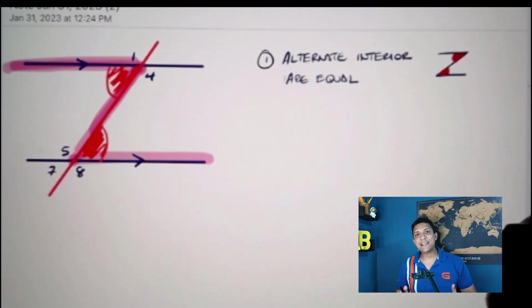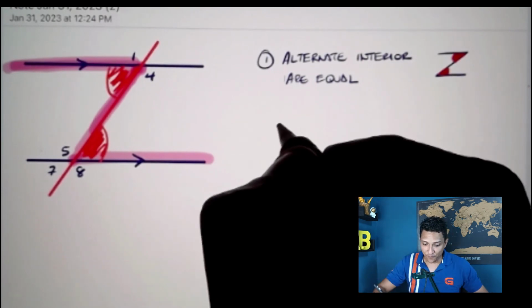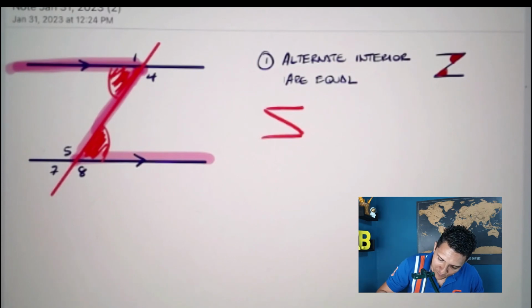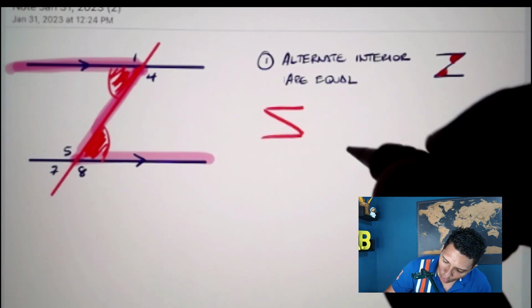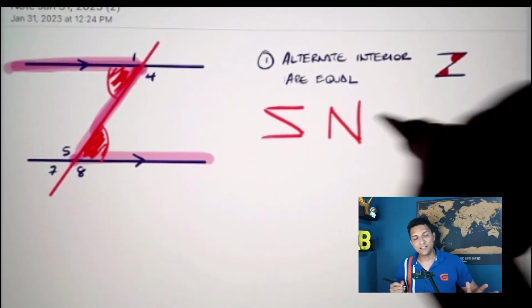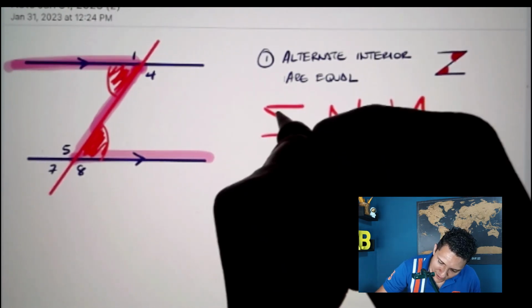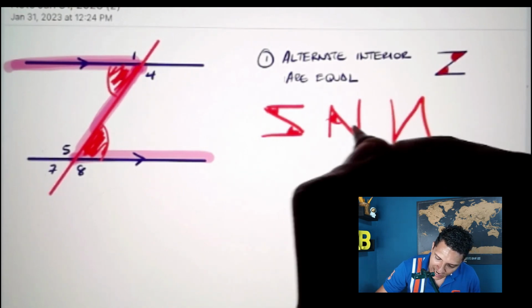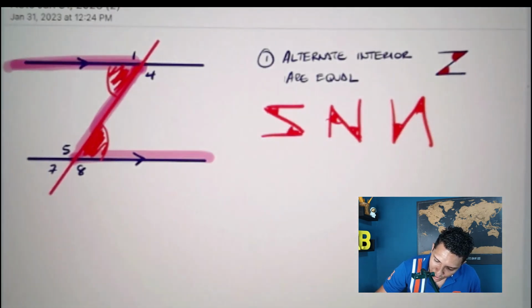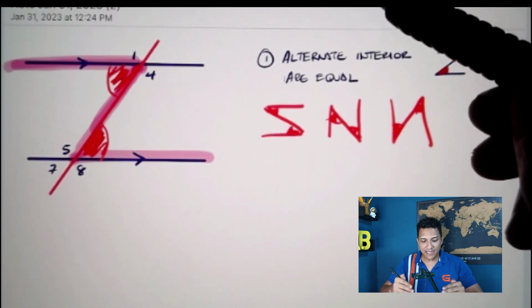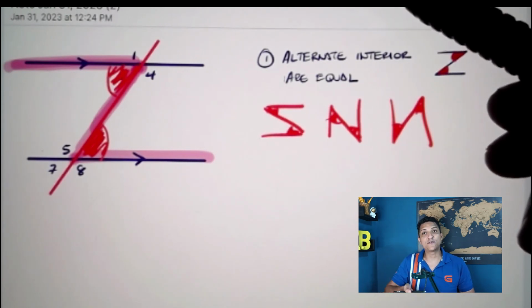Now, something important is that we can reverse the letter Z. In this type of situation, it could be a letter Z like this, which looks more like a 2, or a letter Z like this, that looks like an N, or in the other way, like this. So every time we have a letter Z, no matter how it is shown, those angles are the same. Okay, so this is the first set of angles that we can find in two parallel lines and a transversal line situation.